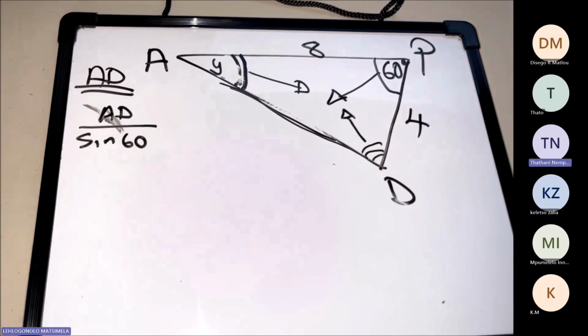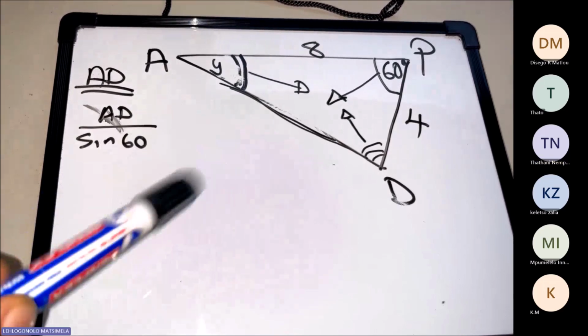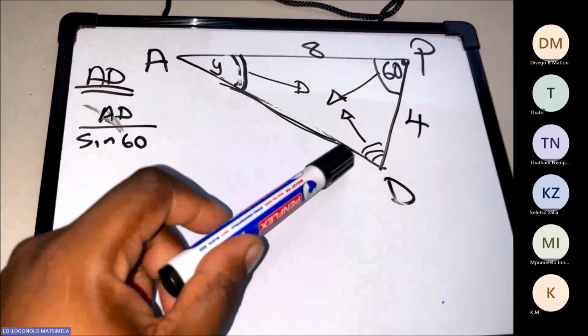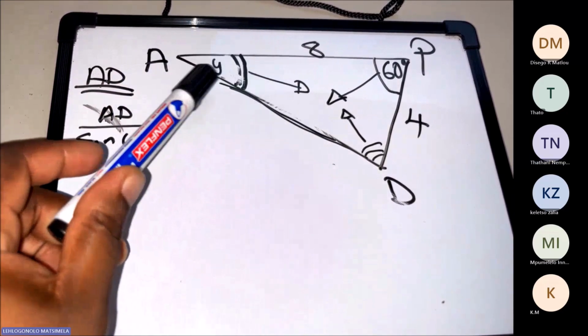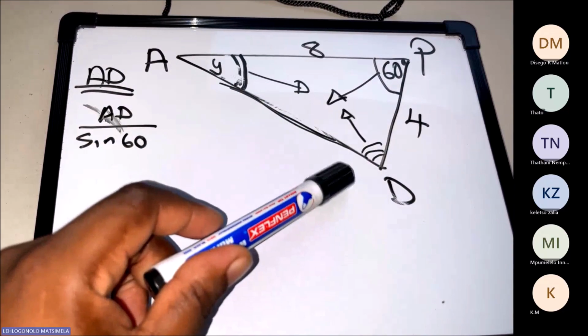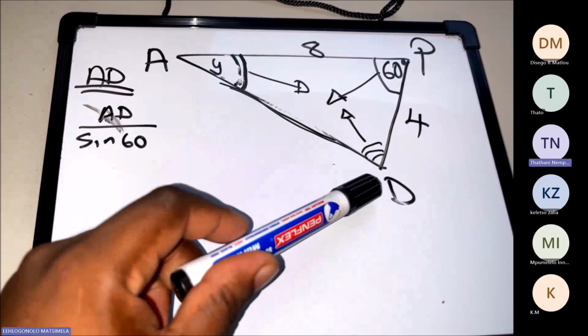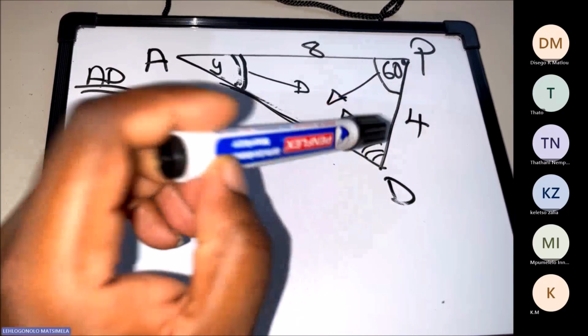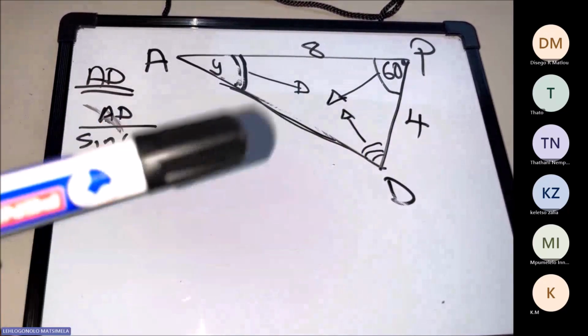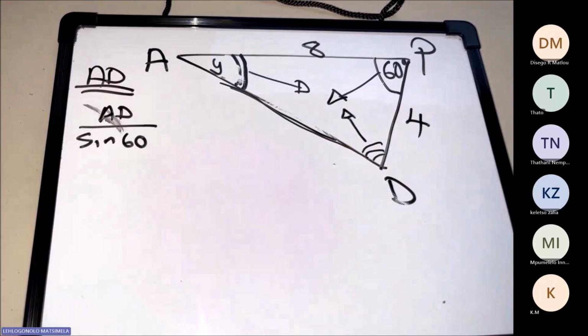The last part was saying, the question is saying, let's find side AD. We must find side AD. And if we are to find side AD, we are given this one as 60. And let's see if it meets the requirements of saying that we are given the two sides here.